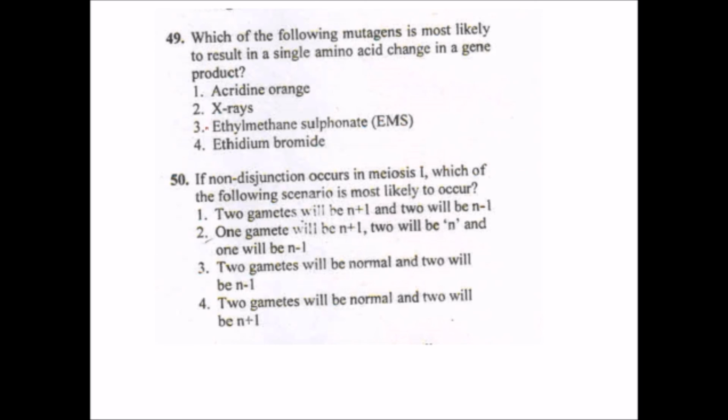Next question is, which of the following mutagens is most likely to result in a single amino acid change in a gene product? Acridine orange and ethidium bromide.